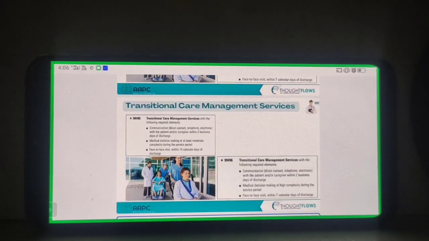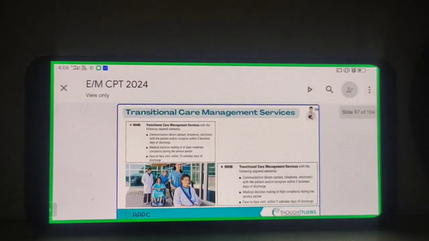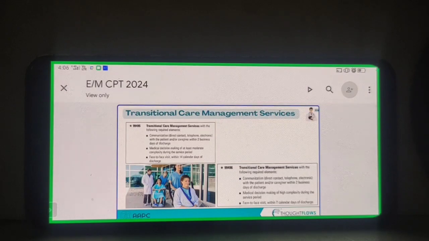Transitional care. Okay, transitional care is one of the facilities, like a center. If a patient is admitted in that center, you have to check here. Don't worry, the place of service is directly documented by providers.